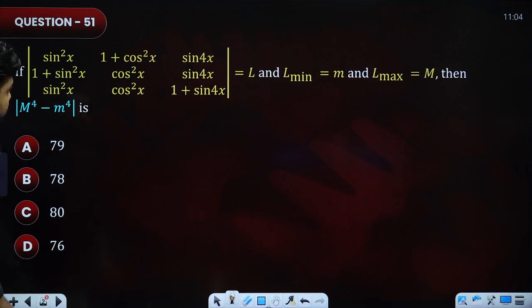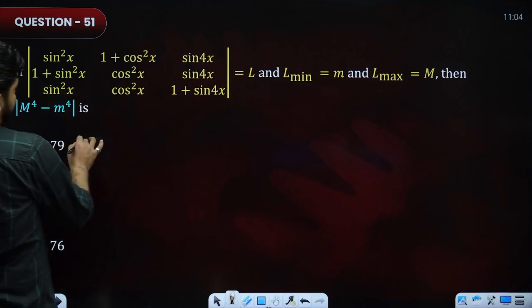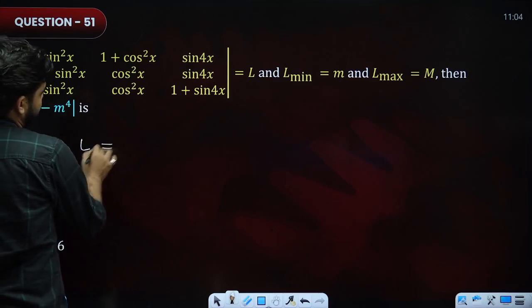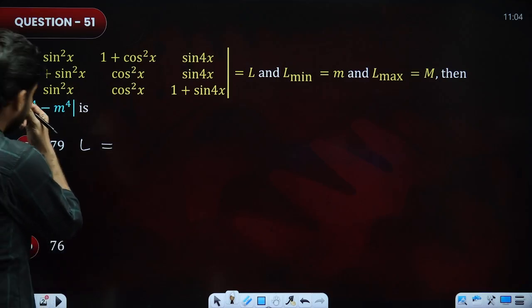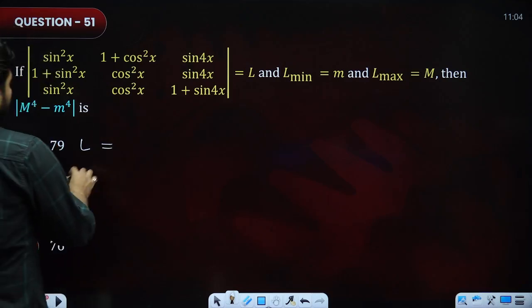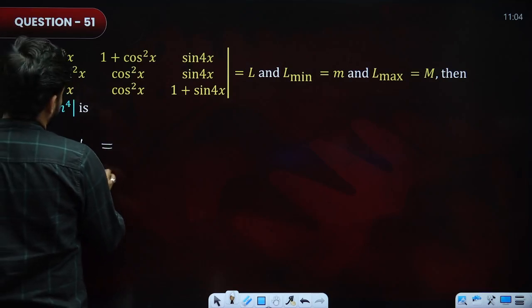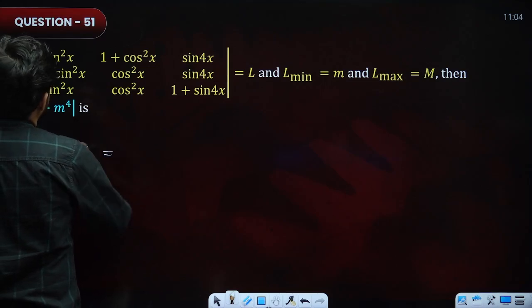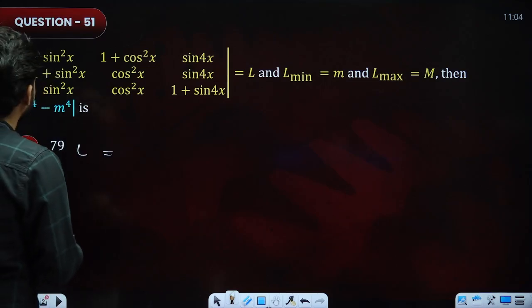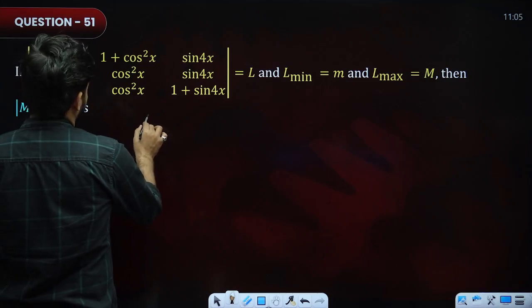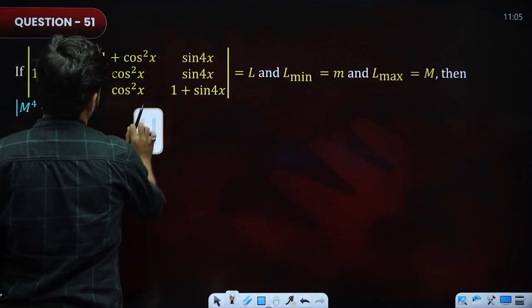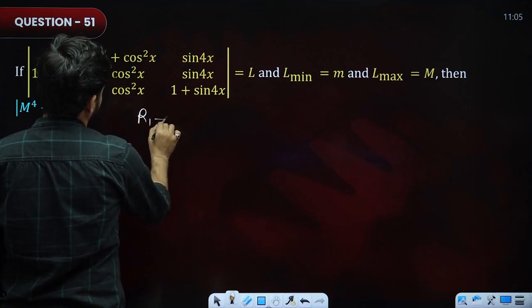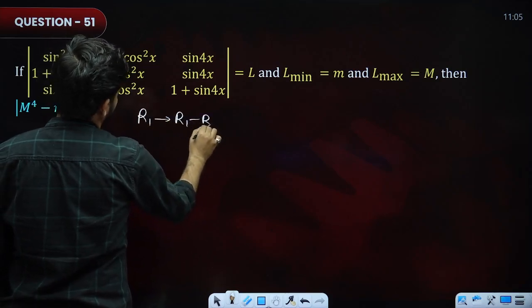So now in that case, we can find the value of L. We can expand it. To solve it, first of all, we can subtract row 1 from row 2.